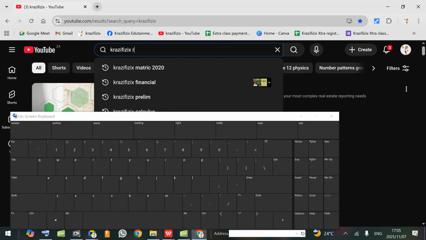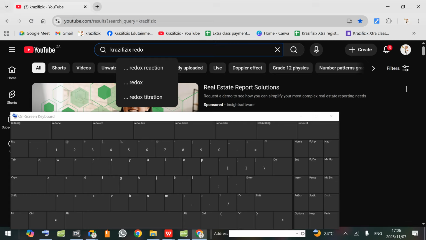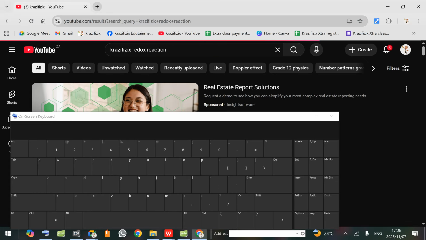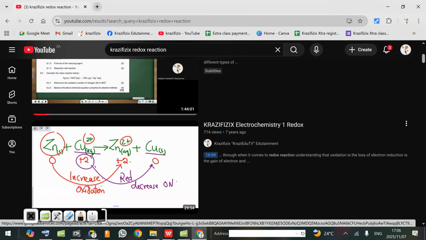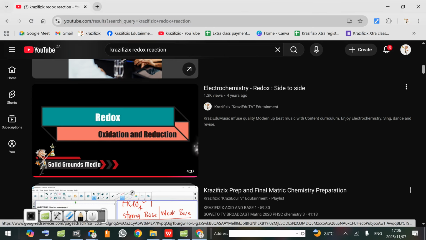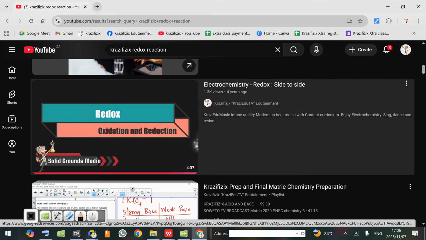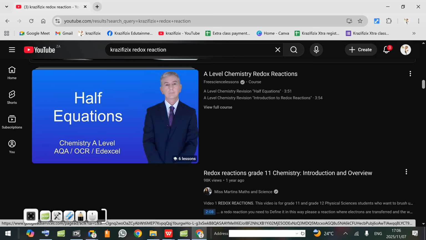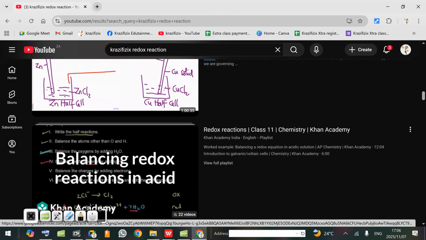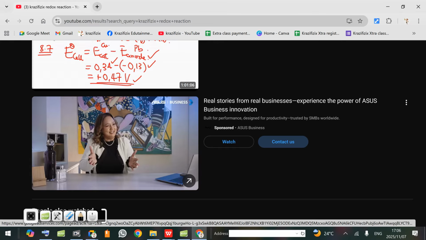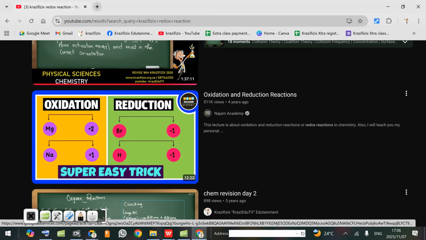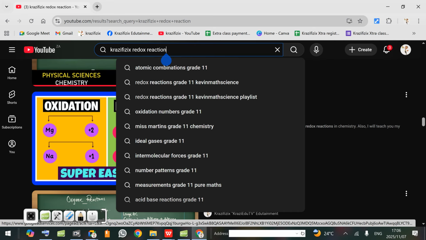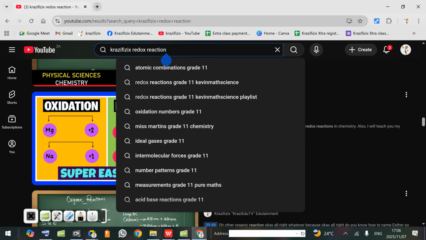What should I look for? Redox. Crazy physics redox. Let's see. I think it should come in here. Oh, this is grade 11. All right, there we go. The side to side talks about the general, but I'm talking about electrolytic cell. We should find it somewhere. People are using my name as their hashtag. That's why I can't find my stuff easily. No, let's say crazy physics electrolytic cell.